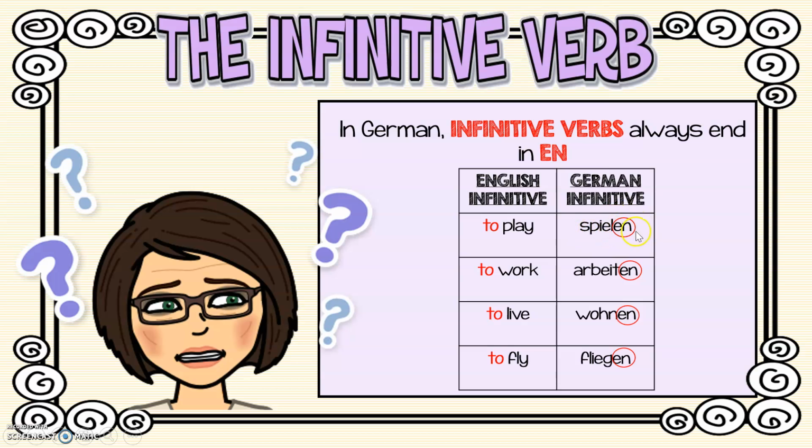This en shows you that it's not yet been conjugated. It's in its infinitive form. To work is arbeiten. To live is wohnen. To fly is fliegen. These are infinitive verbs. That's a very important word for you to know going forward.